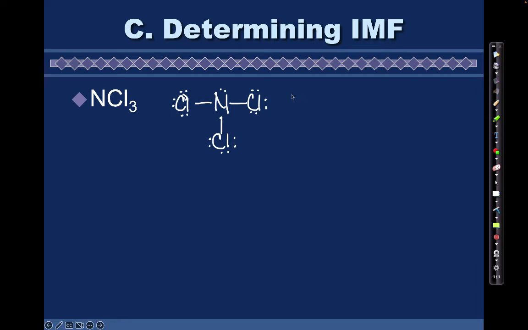It is going to be trigonal pyramidal, which we know is going to be a polar molecule. First of all, everything is capable of London dispersion forces, everything, because there are electrons that can move. But it's also polar, which means it has a permanent dipole, so it is also capable of dipole-dipole. The main intermolecular force will be the strongest one, which is dipole-dipole.